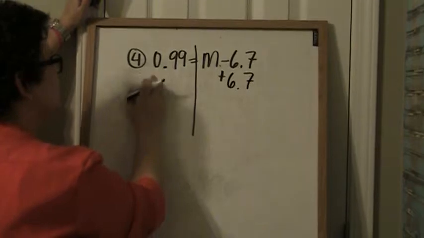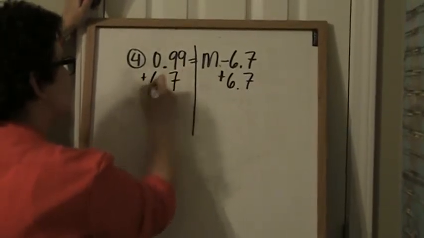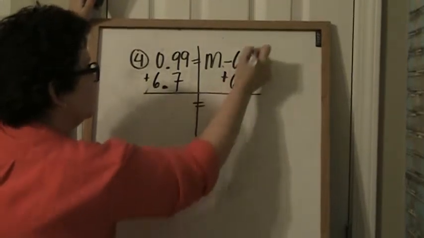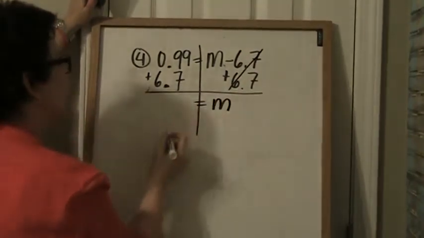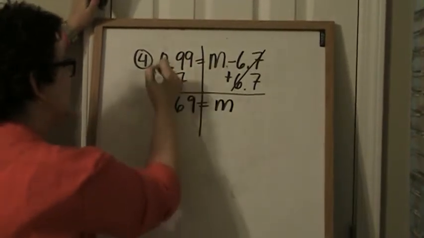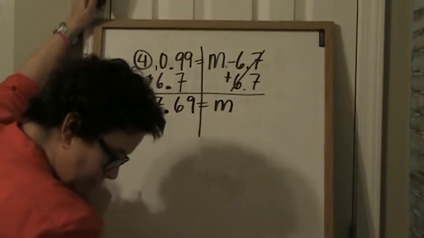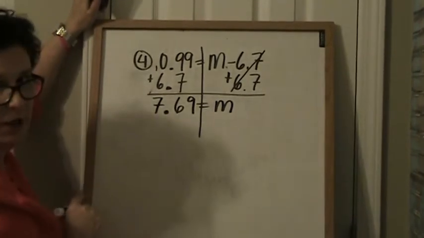I'm going to line up my decimal points right here and go ahead and do it. 6.7. These are gone, leaves you with M. I'm going to add. I get 9. 9 plus 7 is 16. 6 plus 1 is 7. 7.69 is equal to M.